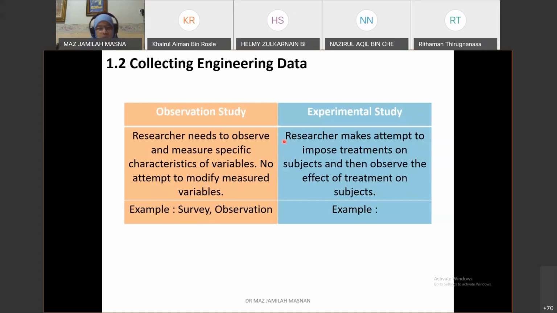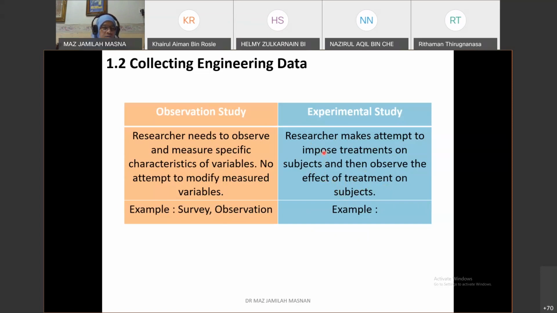What about experimental? How does experimental differ from observation? In an experiment, the researcher makes an attempt to impose a treatment on the subject and observes the effect of the treatment on the subject. It means that you need to see what will be the changes towards the subject.